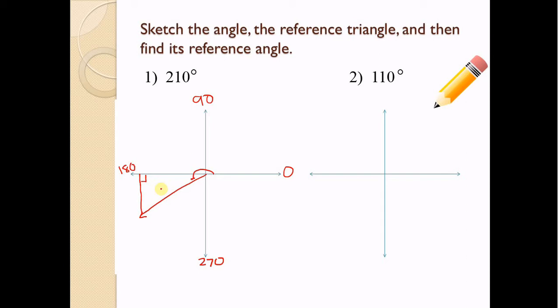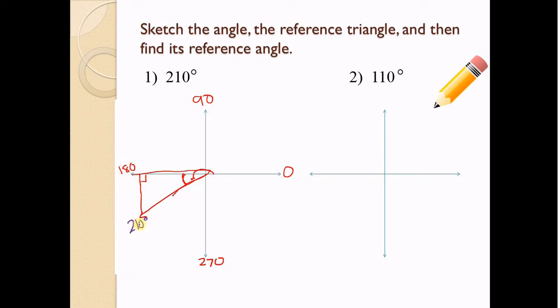Now, to find my reference angle, notice how from here to here is from origin to my angle. Now, I need to know what is the measure of this angle, just from here to here, okay? That is pretty easy actually to find. So I said this was 210, right?